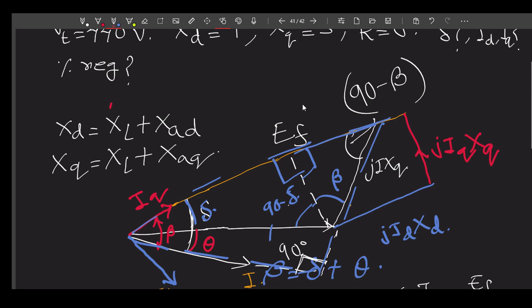Obviously, here it is your Vt cos delta plus I Xq sin beta.